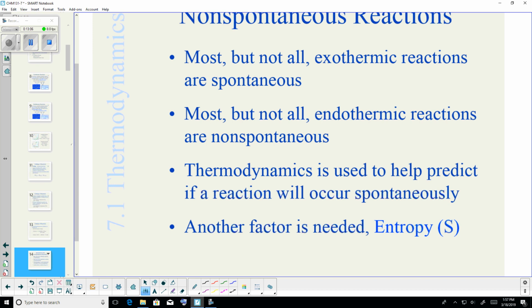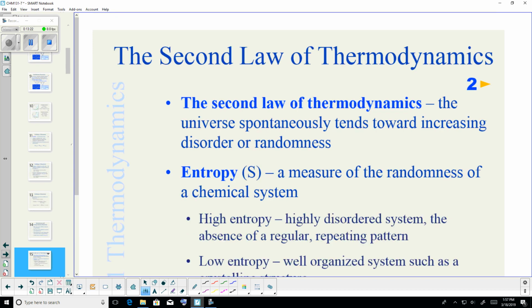Entropy means a state of randomness. You know, the universe is said to be expanding, so it's increasing in entropy. It's becoming more random. The second law of thermodynamics: the universe spontaneously tends towards increasing disorder or randomness.